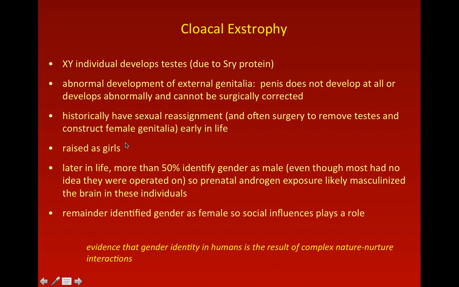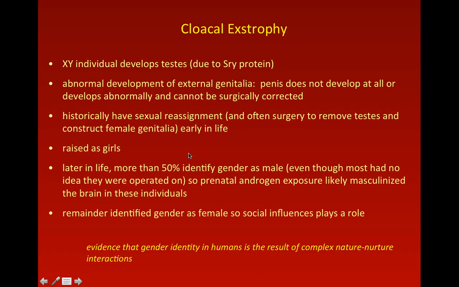And what has been found in studies of these individuals is that later in life, more than 50% of them will go on to identify their gender as male, even though they had no idea that they were born in this way and had an operation to feminize their genitalia.